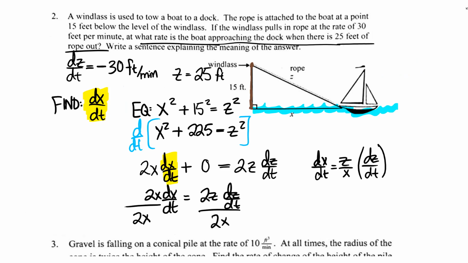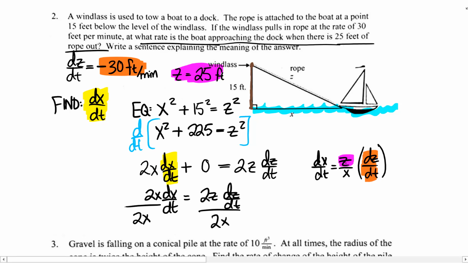All right, we've solved for dx/dt, and we have dz/dt here and z here, but I don't have a value for x, and so I'm kind of stuck. They said, at what rate is the boat approaching the dock when there is 25 feet of rope out? So the instant that I'm looking for in this moment in time is when z is 25.